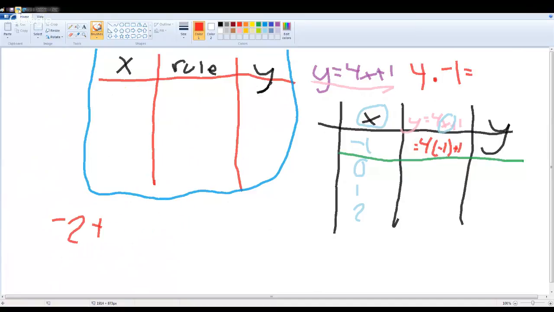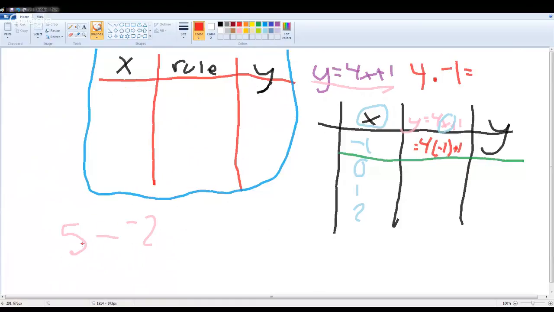-5. So now subtraction. Subtraction is not hard. So we're going to put 5 minus -2. What I do is I change.